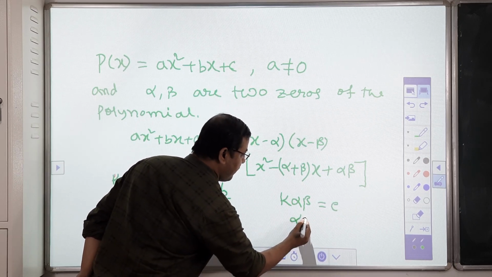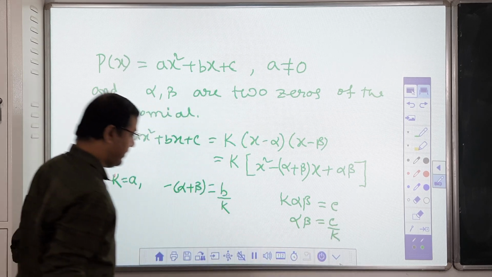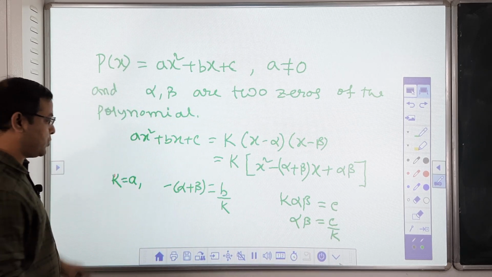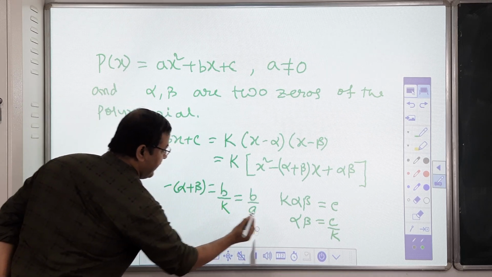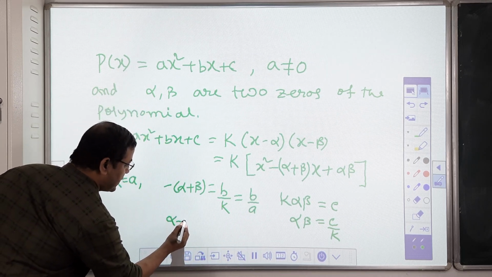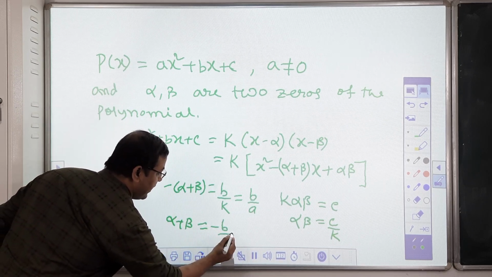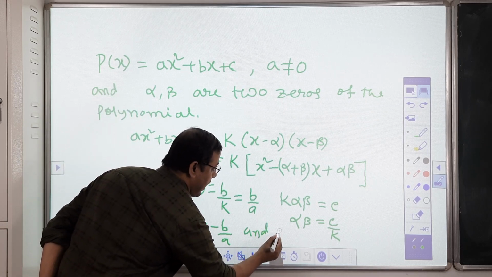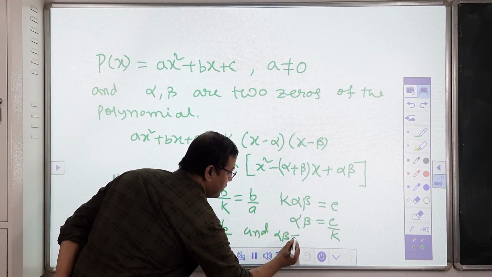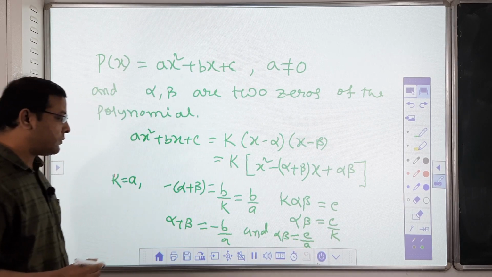That means alpha beta is equal to c divided by k. Since k is equal to a, alpha plus beta is equal to minus b divided by a and alpha into beta is equal to c divided by a.